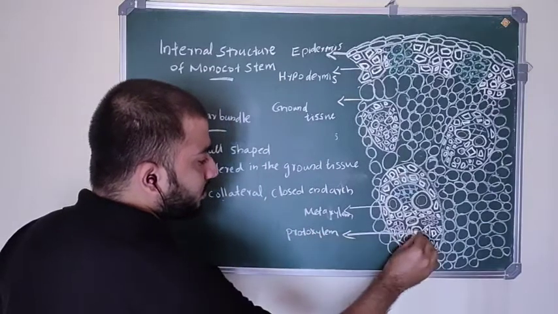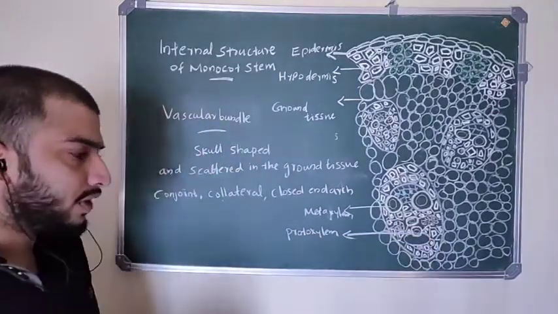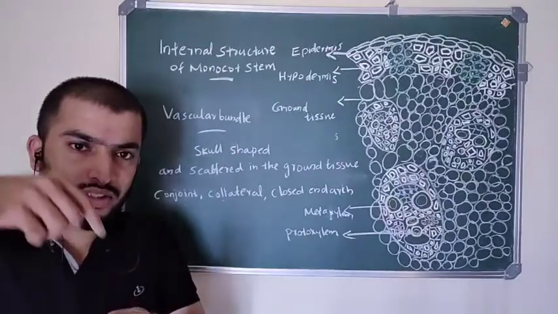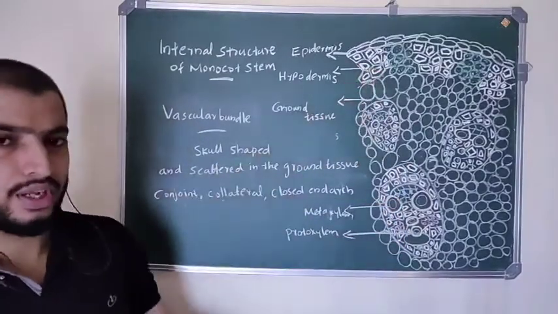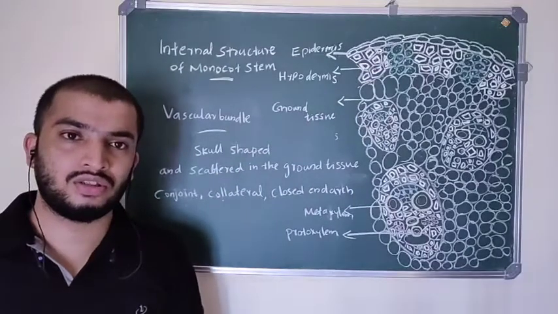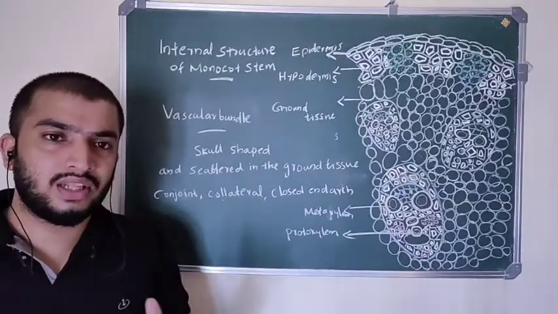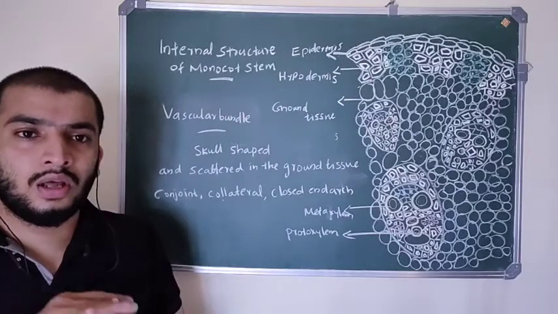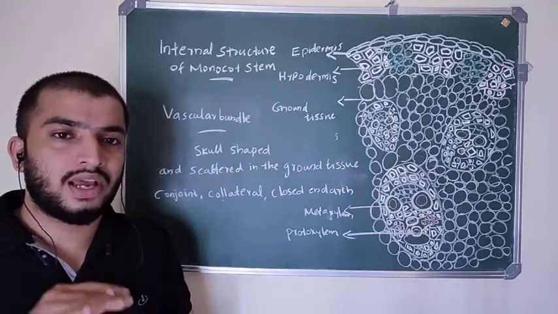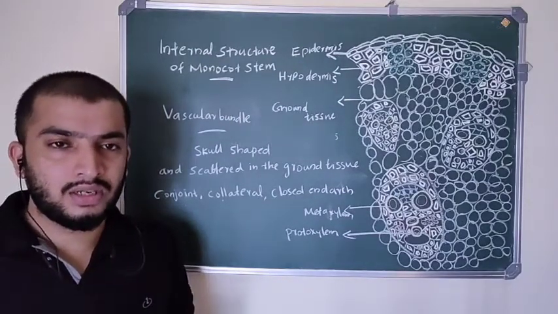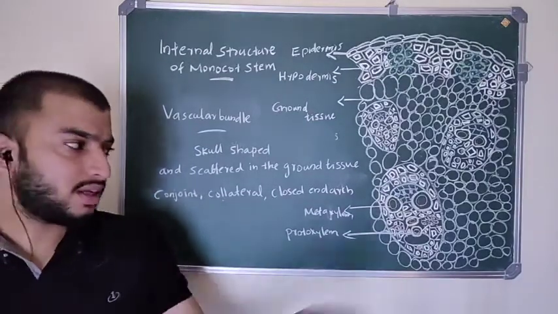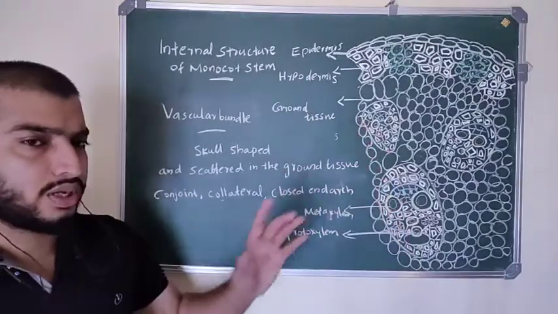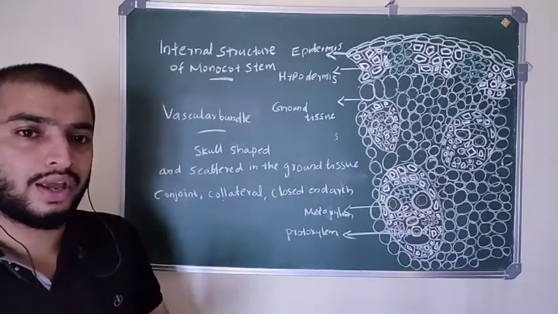In the monocot stem, protoxylem is arranged toward the center, and metaxylem toward the periphery. That arrangement is called endarch. In all stems, whether dicot or monocot, the vascular bundles are endarch: protoxylem is arranged on the inner side and metaxylem on the outer side.